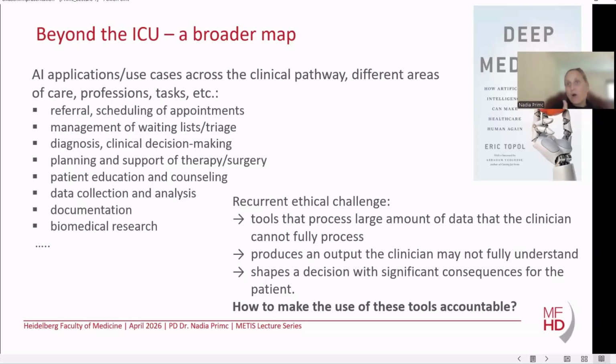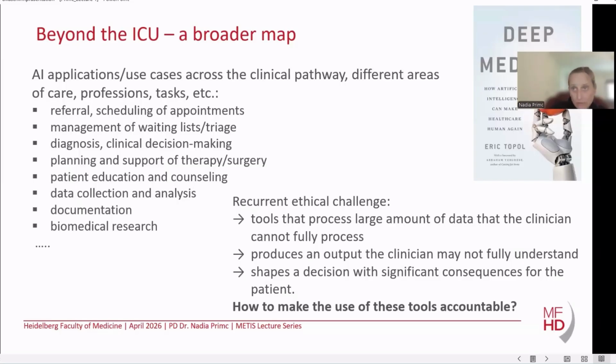But this very hopeful vision comes with an ethical question that runs through all these domains that you see here listed in an exemplary way on the left side of my slide. An AI tool in general processes large amounts of data that the clinician itself cannot fully process.